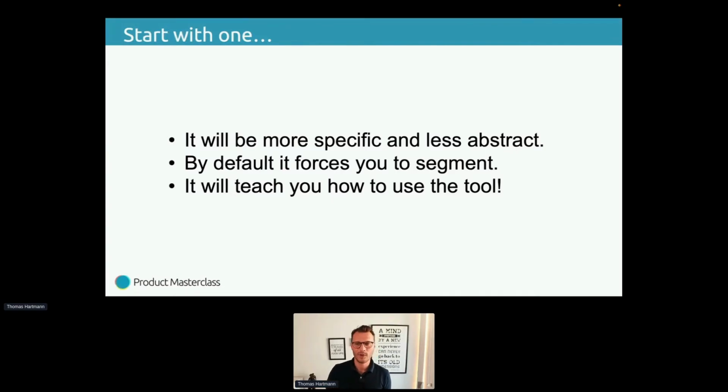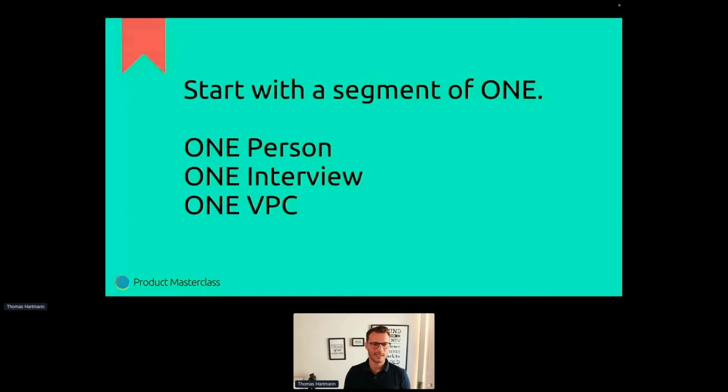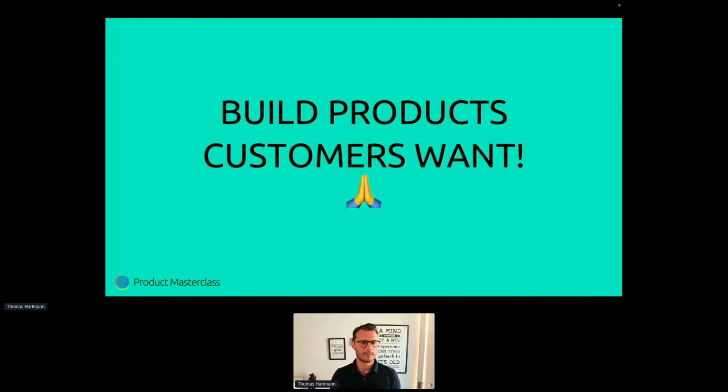So if I can give you one piece of advice using the value proposition canvas: start with a segment of one person, one interview, one value proposition canvas. And I hope that will help you build better products and products that customers actually really want.